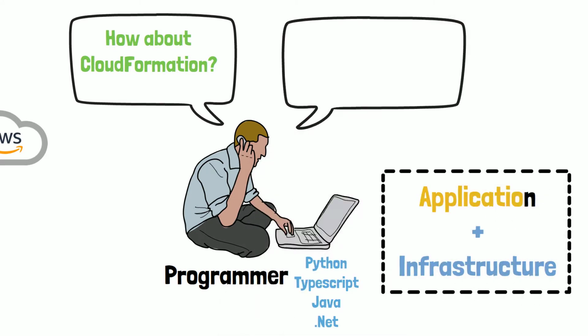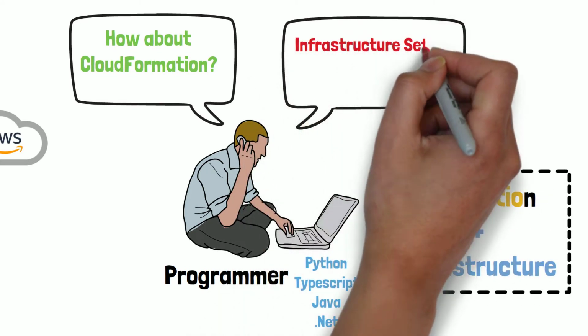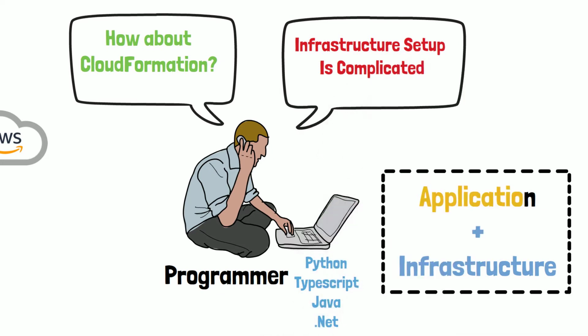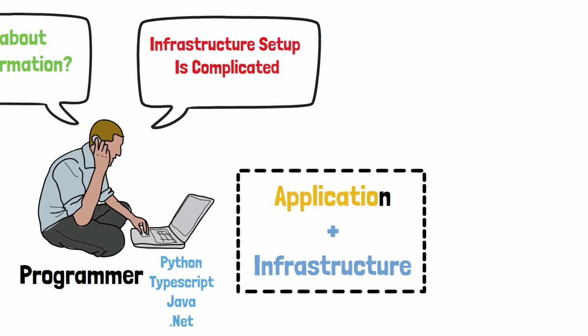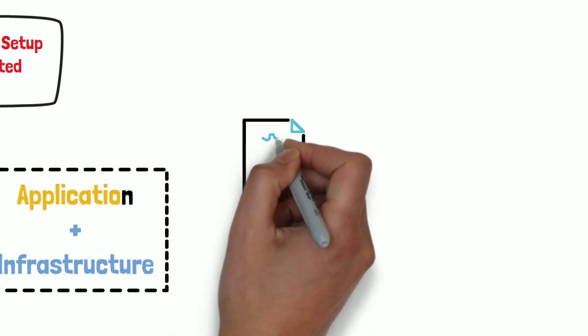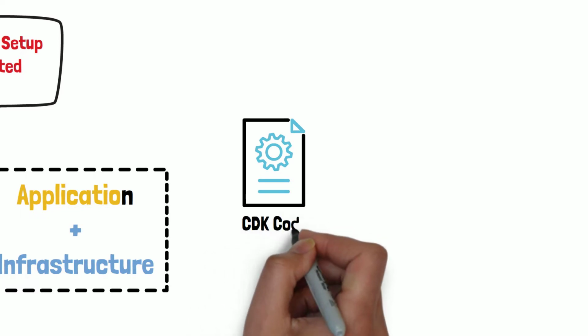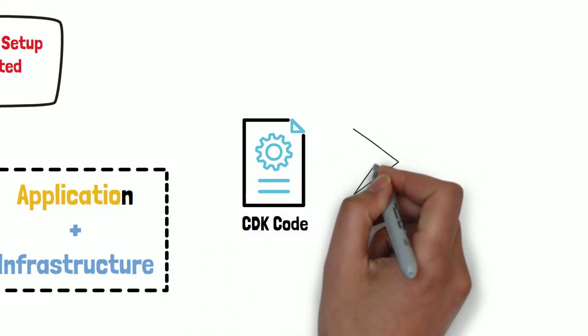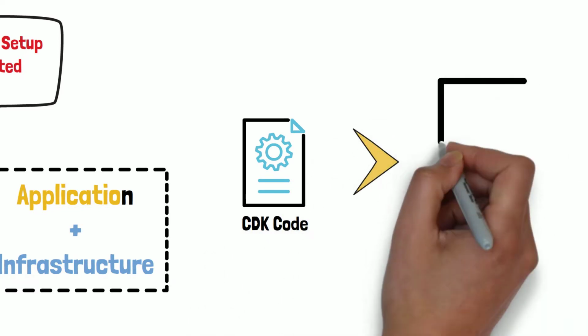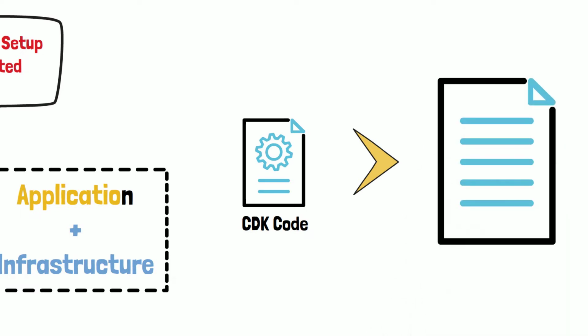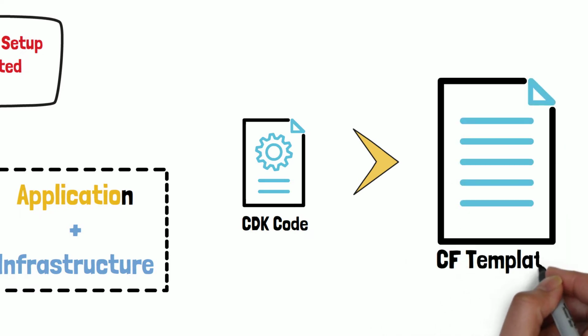In addition, you may not know all the nitty-gritty details about setting up the complicated infrastructure. If you were to use CloudFormation templates, you have to build everything from scratch. On the contrary, by using abstractions provided by CDK, you can use a few lines of CDK code to create hundreds of lines of CloudFormation template code.